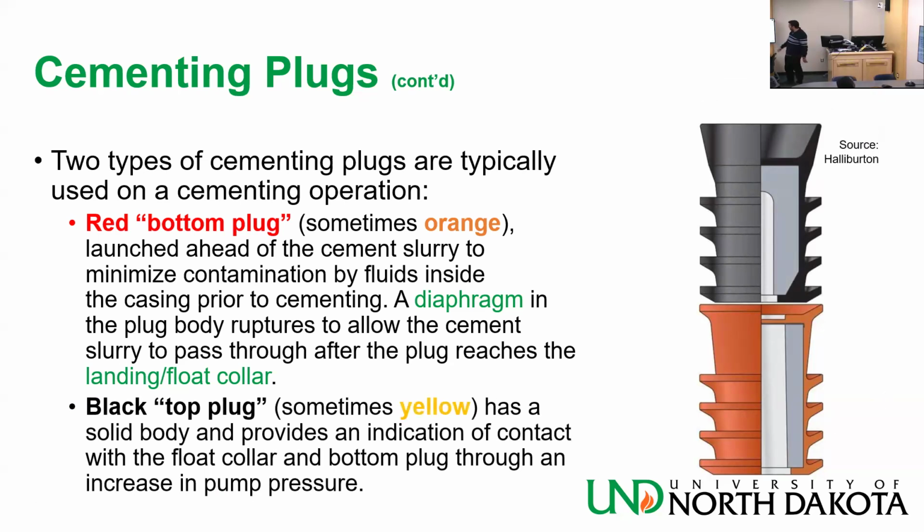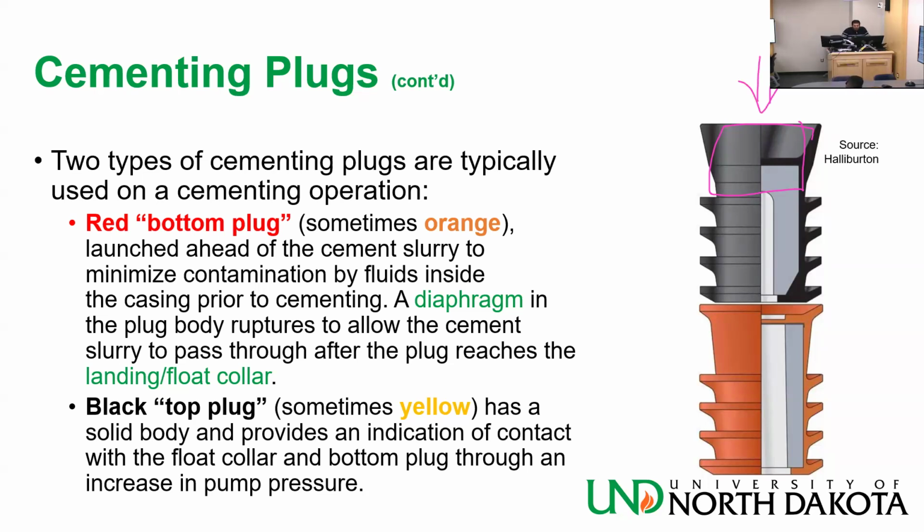The top plug is black or yellow sometimes. It's basically a solid body. It's very similar to the bottom plug, but it's missing this diaphragm. And it basically has a very, very strong top section. You can pump as much as you want through the top. You're not going to break anything.